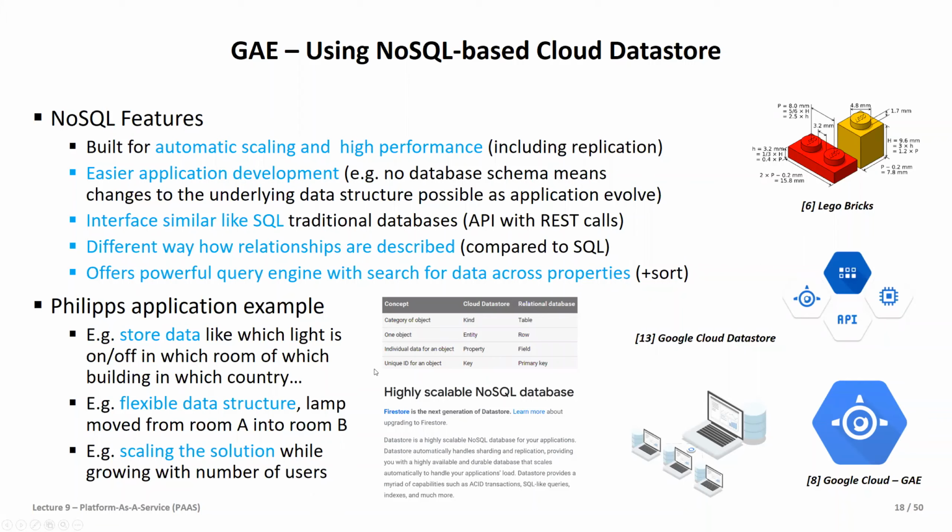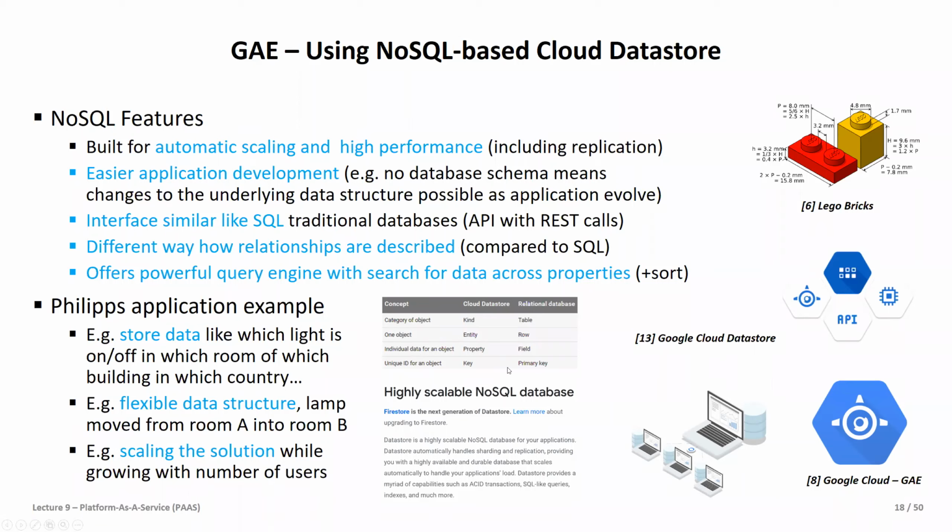So when you think about NoSQL features, like I said here, it's really for automatic scaling and high performance reading. It has interfaces similar to SQL databases, but it's more optimized for APIs and REST calls, less for SQL schemas and so on. And often they have really powerful query engines, which we will see later in this course, which are really optimized for scale.